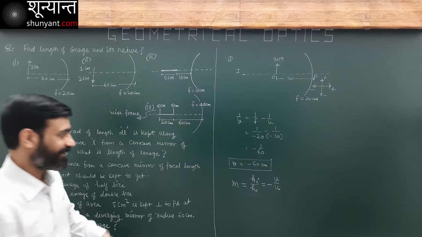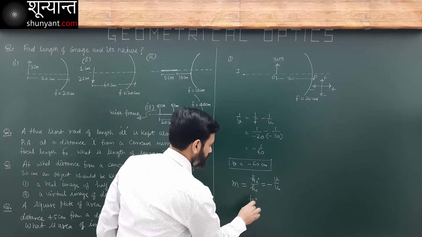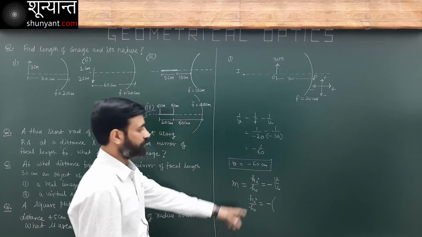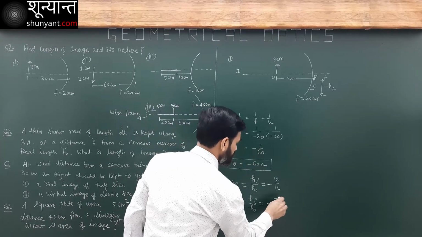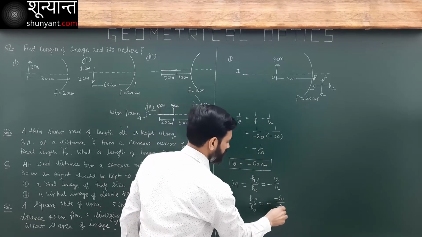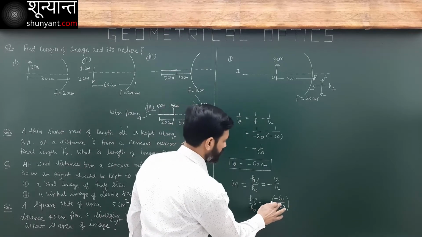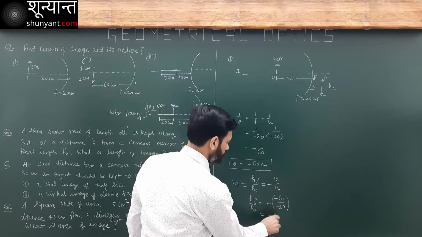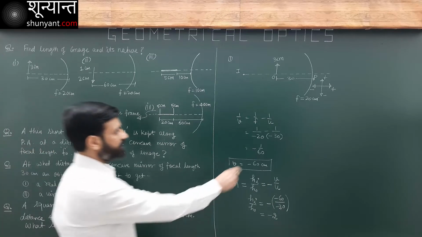Okay, understand this? So height of image over height of object is going to be minus of V, which is minus 60, over U, which is minus 30, not 20 but minus 30. What do I get? I get minus 2. Magnification is minus 2.